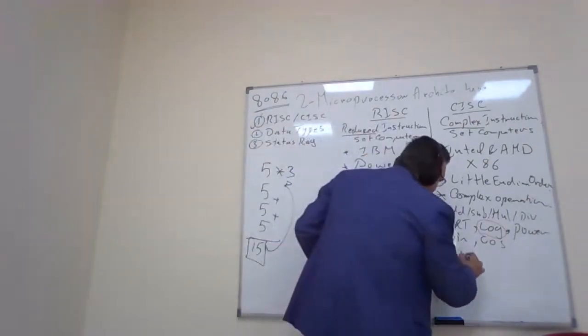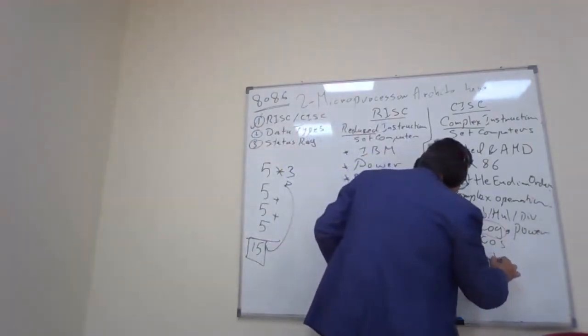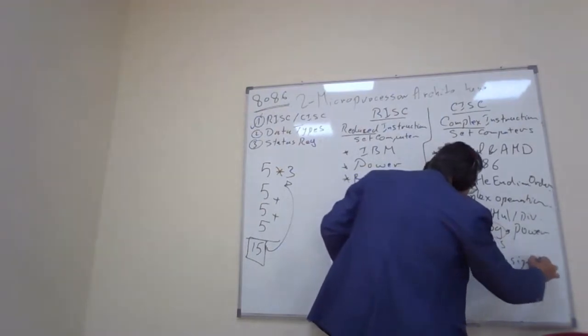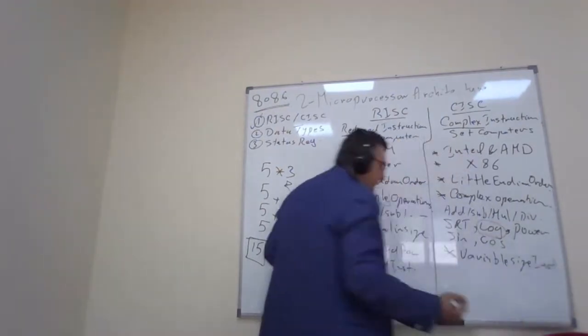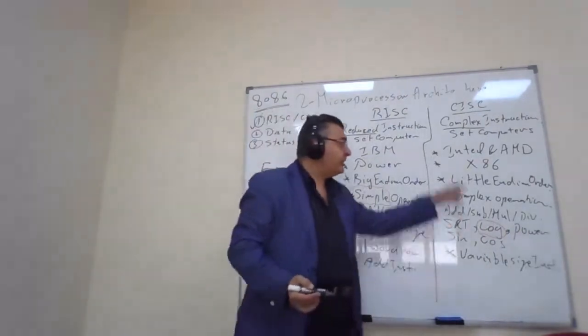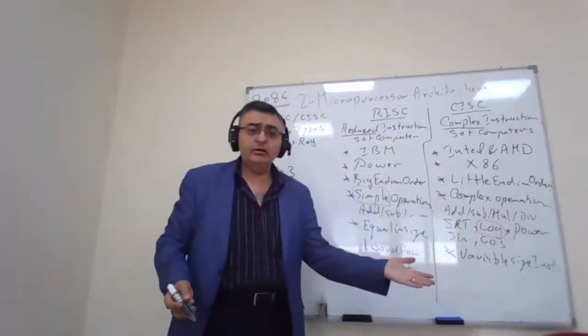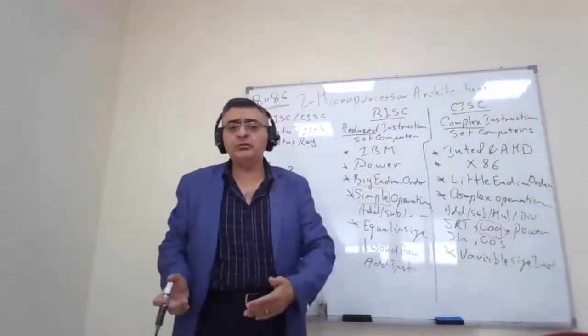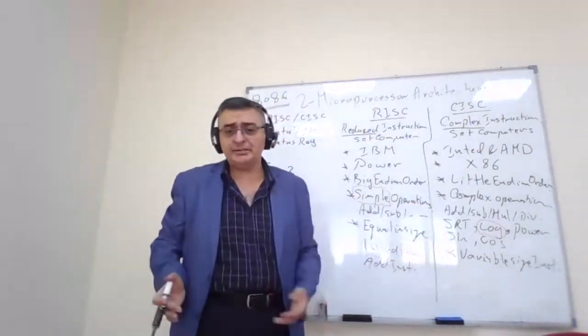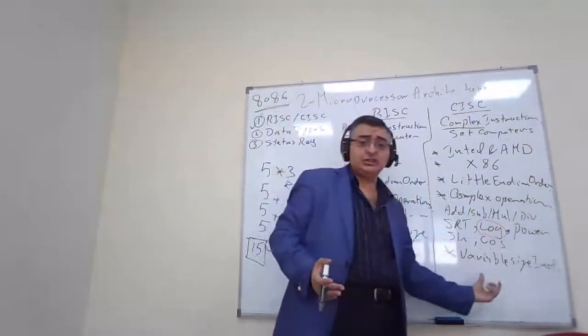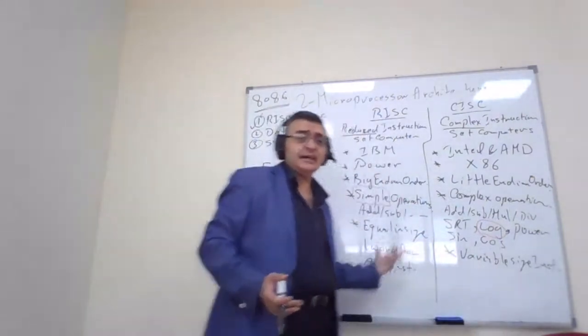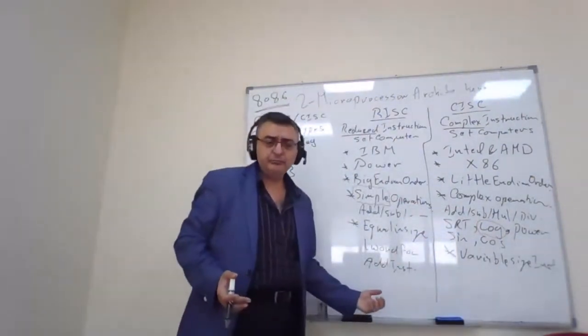The complex one has variable size instructions. So some of the instructions may take 1 byte in the code segment, and some of them may take 5 bytes or 6 bytes. The size of the instruction here is different than the size of the instruction here.